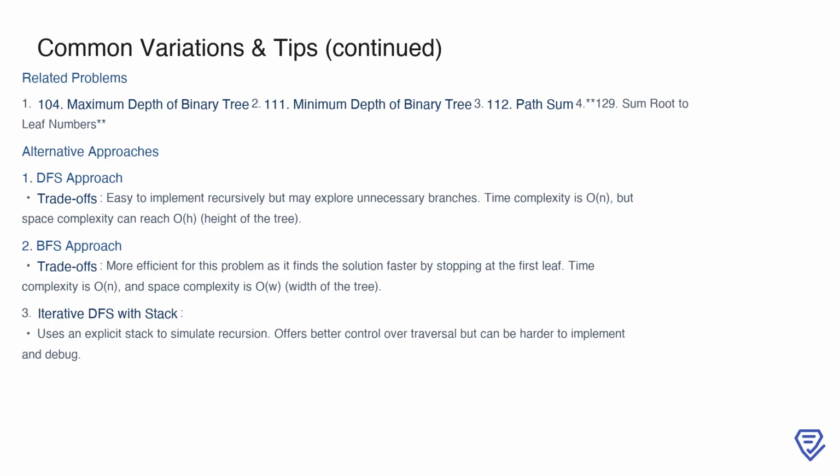It stops searching as soon as the first leaf is found, reducing unnecessary computations. The time complexity is still O(N), but the space complexity depends on the width of the tree, or O(W). Lastly, an iterative DFS using a stack gives you greater control over the traversal process. However, it can be more complex to implement and debug compared to the other methods.